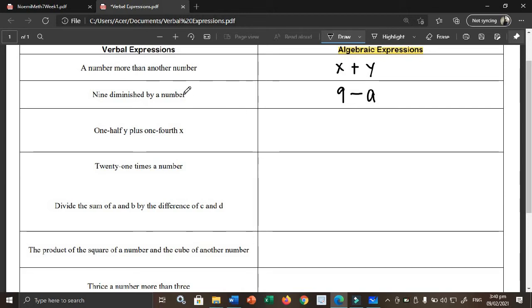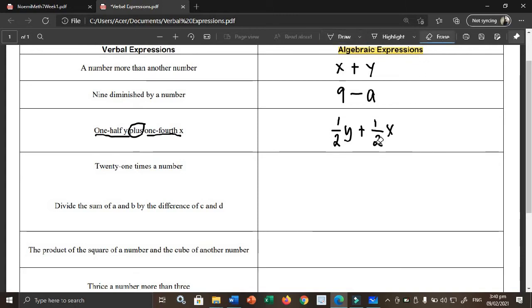The third one, we have 1/2 y plus 1/4 x. So dito, there is no problem kasi meron specific na sinabi yung word. So we have 1/2 y, and then plus 1/4 x.